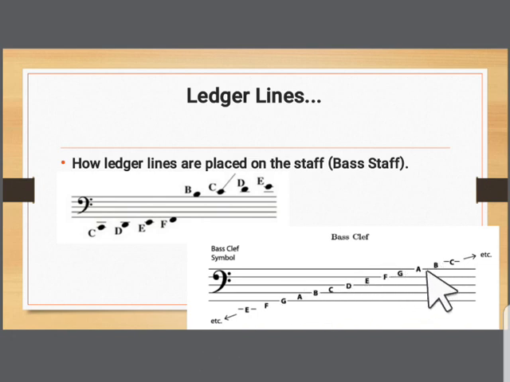The fifth line is A, and the space above will be B, then C, D, E. This is how we place ledger lines above or below the range of the 5 horizontal lines.